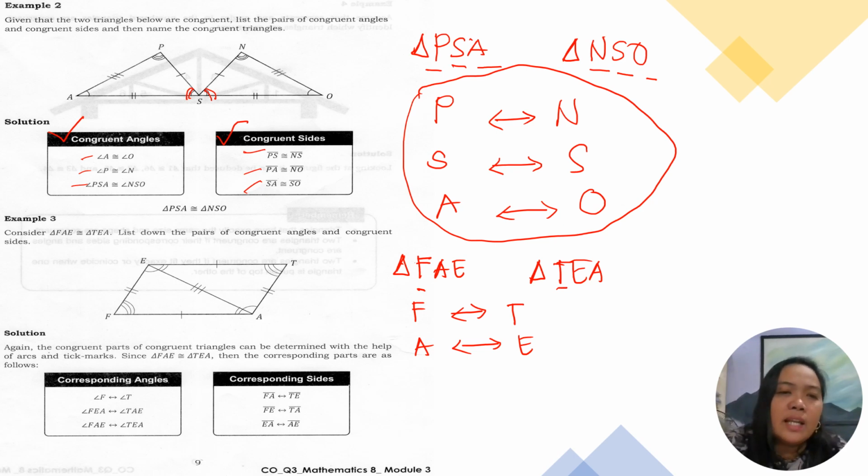And this is vertex E, the corresponding vertex in triangle TEA. That is the corresponding vertex. Again, we have vertex A and vertex E.